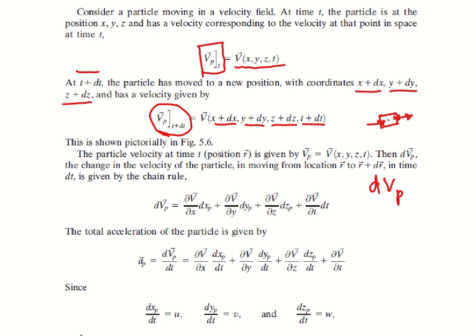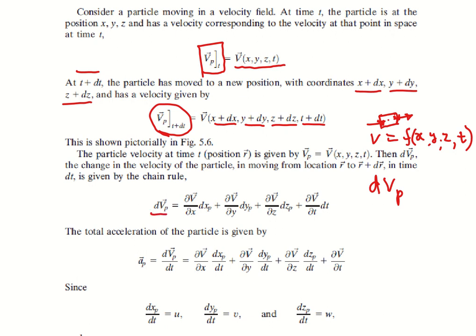So here velocity is a function of what? Velocity is a function of x, y, z and time. So with the help of the chain rule of differentiation, we can find dv.